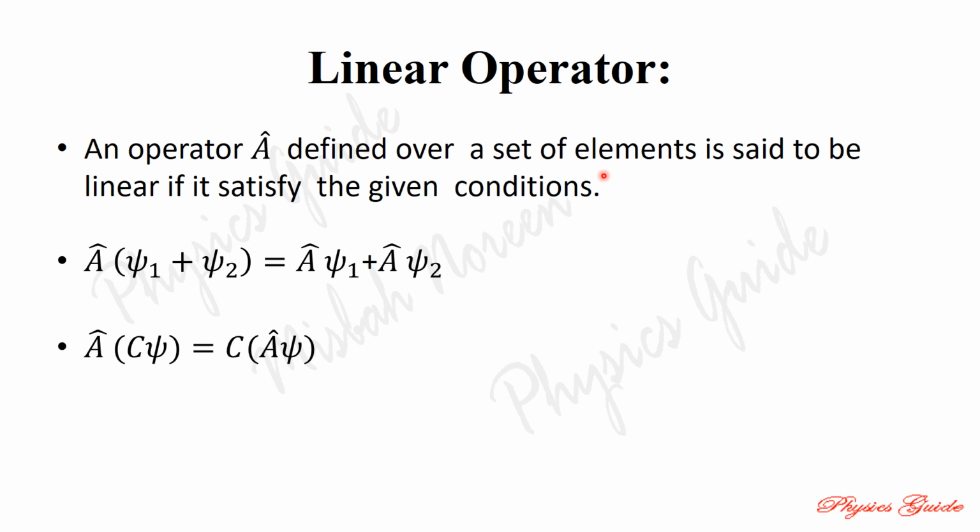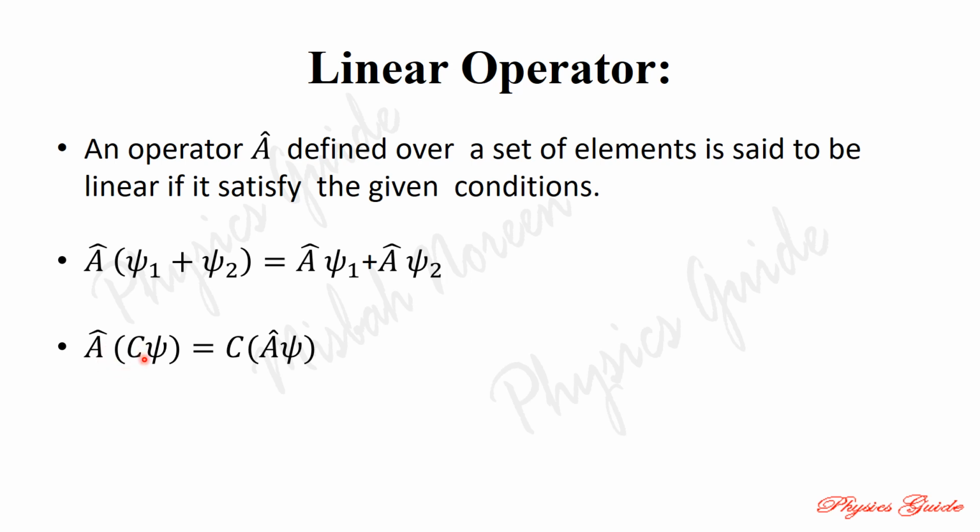The set of elements is psi, phi, chi, for example psi 1 and psi 2. If we add these two elements, psi 1 and psi 2, and then apply operator A, it equals applying operator A on each separately: operator A into psi 1 plus operator A into psi 2.